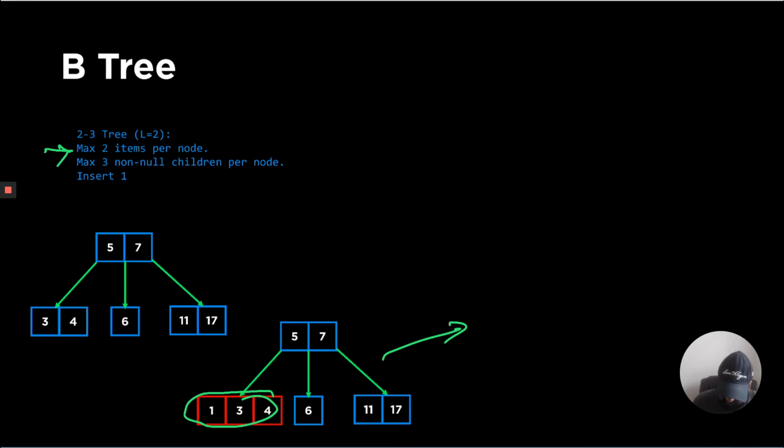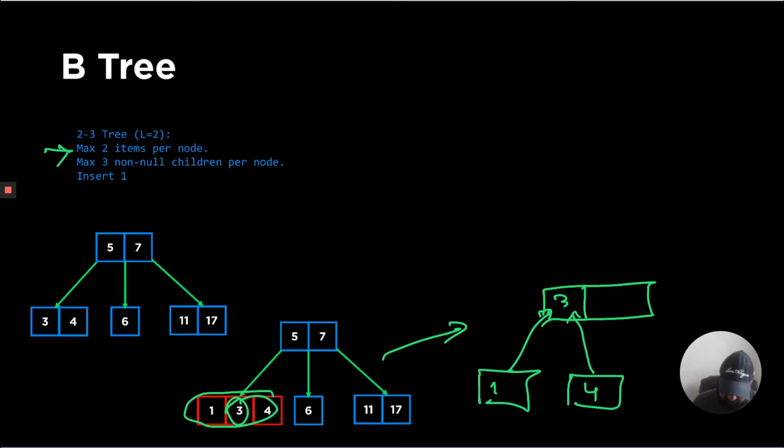In this case, 1 and 4 will be standalone new nodes, and 3, which is the central element, goes to the parent node. Now the parent node will have 3 values, which are 3, 5, and 7. 6 will still point to between 5 and 7, and 7 will now start pointing to its previous element. So otherwise everything remains the same.